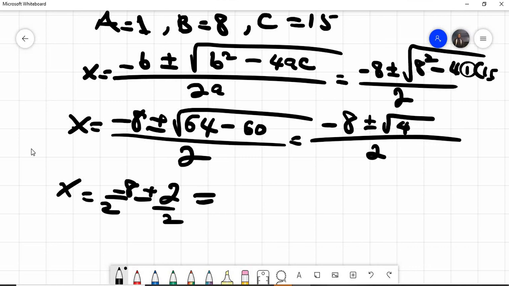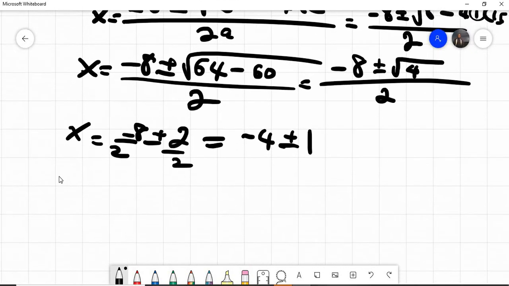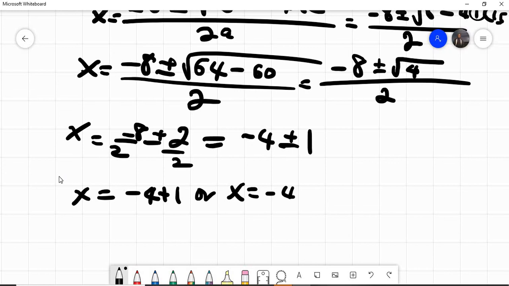That gives us minus 4 plus or minus 1. So x equals minus 4 plus 1, or x equals minus 4 minus 1. x equals minus 3, or the other x equals minus 5.